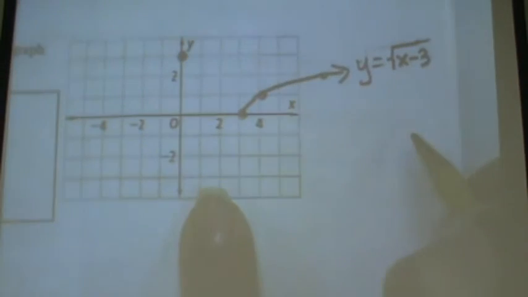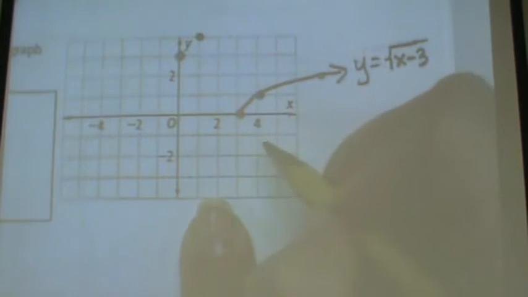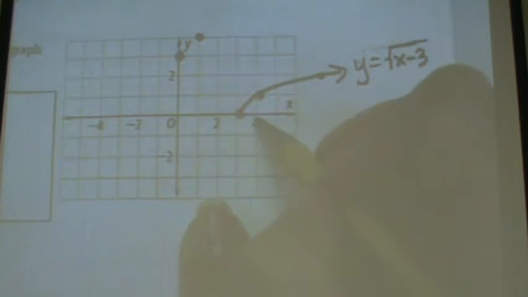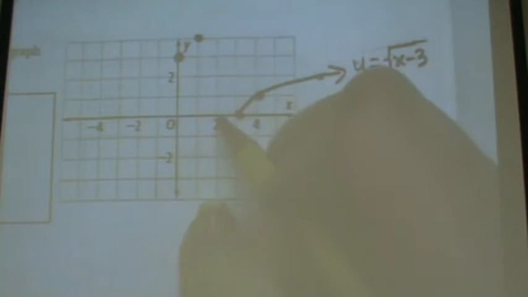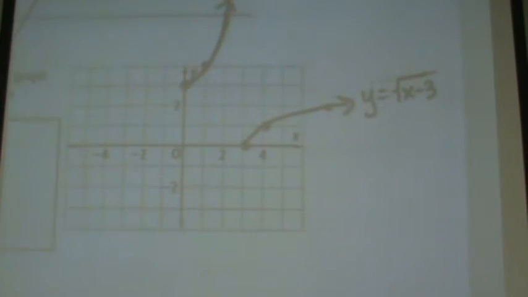What's the inverse of this one going to be? 0, 3. And we have 4, 1, so we have 1, 4. And we have 7, 2, so we're going to go 2, 7. Looks like that, right? Do you guys agree?